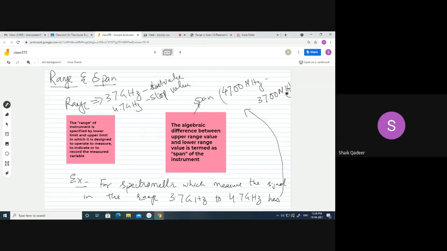The algebraic difference between these two values will be equal to 1000 megahertz. This is the span value. Hope it is clear to everybody. Please acknowledge. Yes, sir. Please note down.